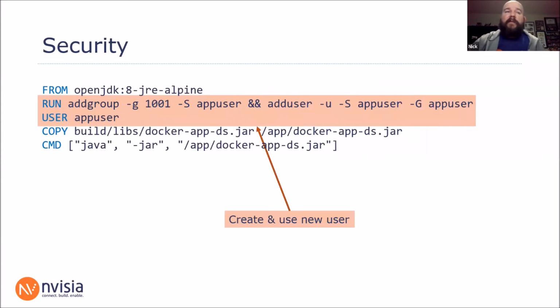So in this case, we want to create a new user that's not going to exist on our host machine, and we want to run as that user. And this user is not going to have sudo access to change to root or anything like that. This is a good way to make sure that you're running as someone that even if somebody got into your container and tried to escape, they're not going to be able to do anything.